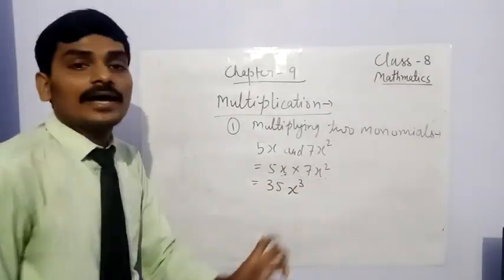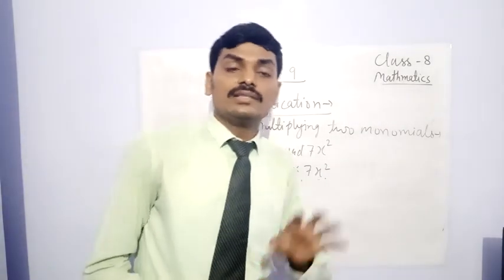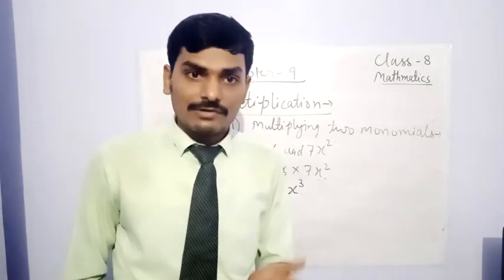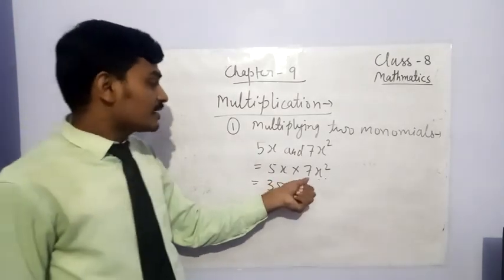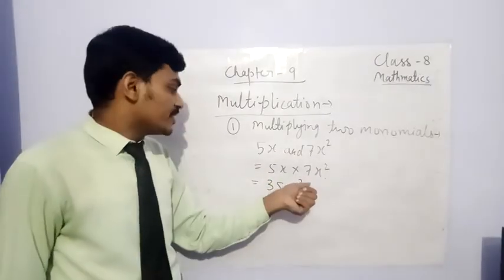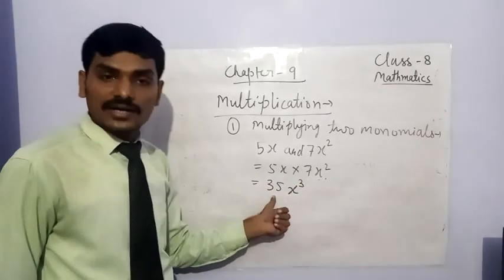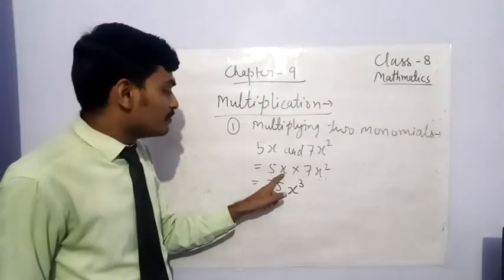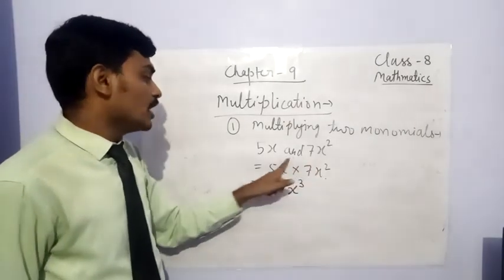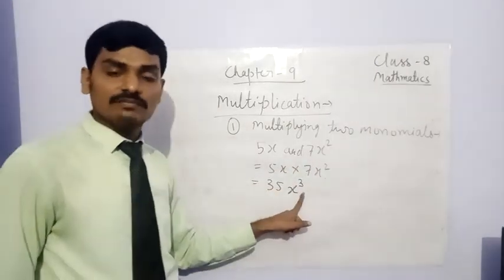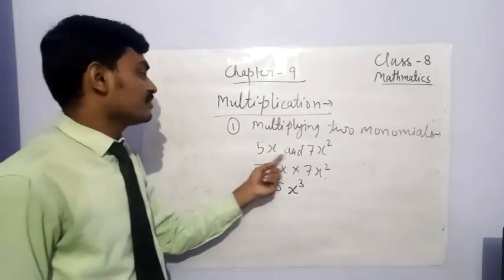So in multiplication, if the base is the same, then we will add the powers and multiply the coefficients. Here we multiply the coefficients, that is 7 into 5, that is 35, and the base is the same, x into x, so the powers will be added, 2 plus 1, so here it will be x to the power 3. So this is the multiplication of these.